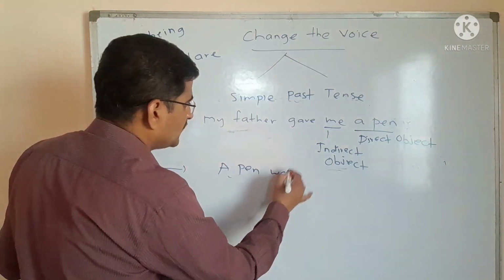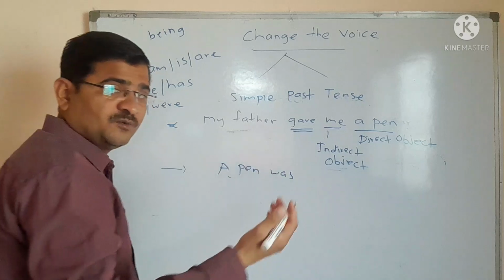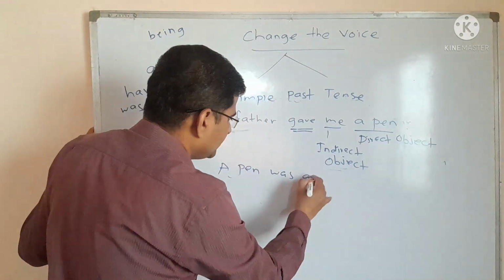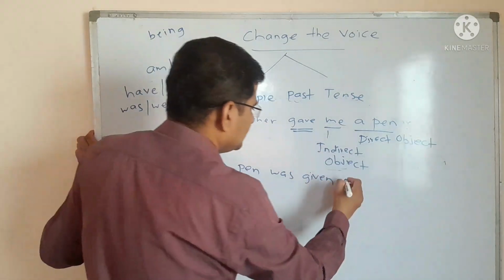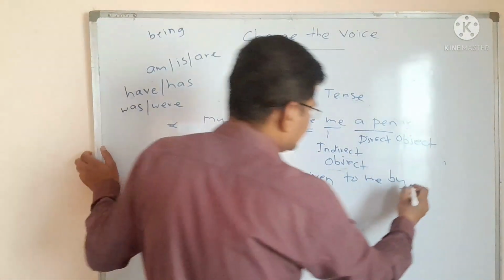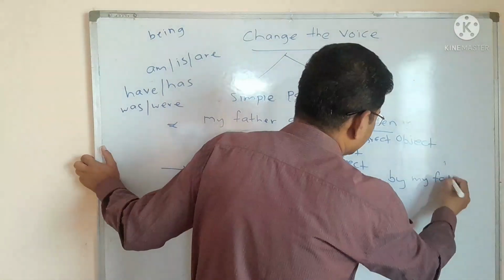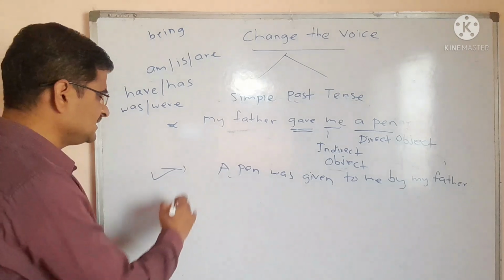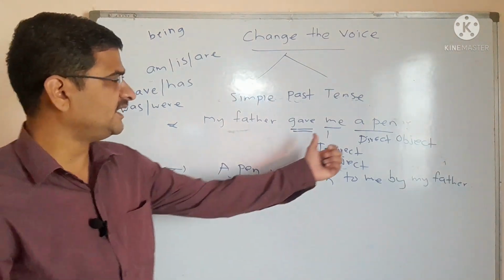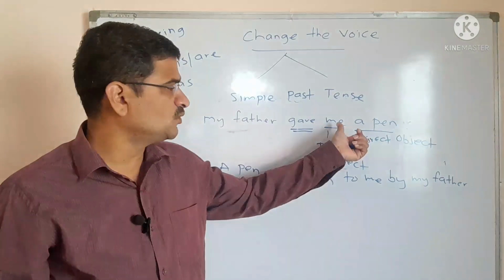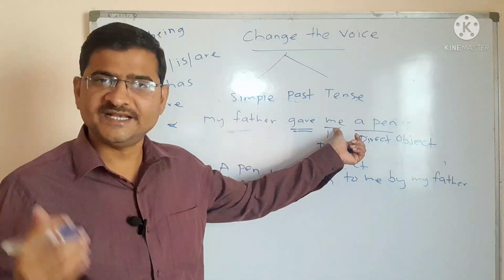A pen was, you have to use the V3 form of give. Gave is the V2, so given. A pen was given to me by my father. This is one answer. The another answer, you can take an indirect object at the beginning. Me is an indirect object, so you cannot take me at the beginning.